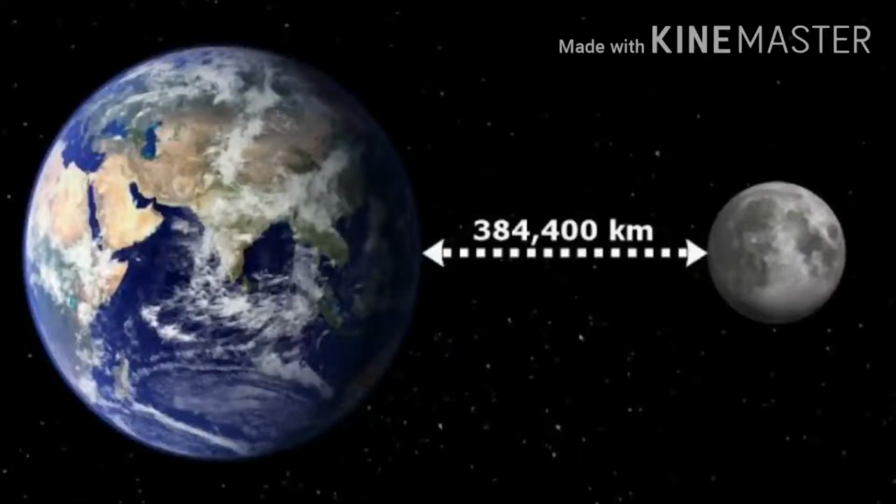Children, the average distance of the moon from the earth is, can you imagine, 3,84,400 kilometers.